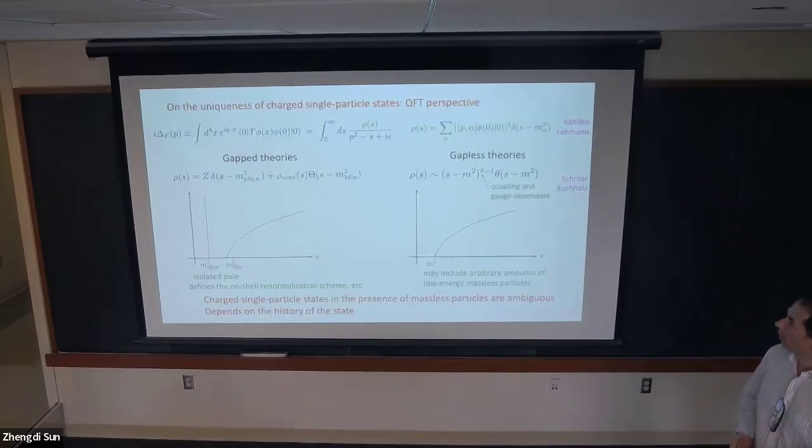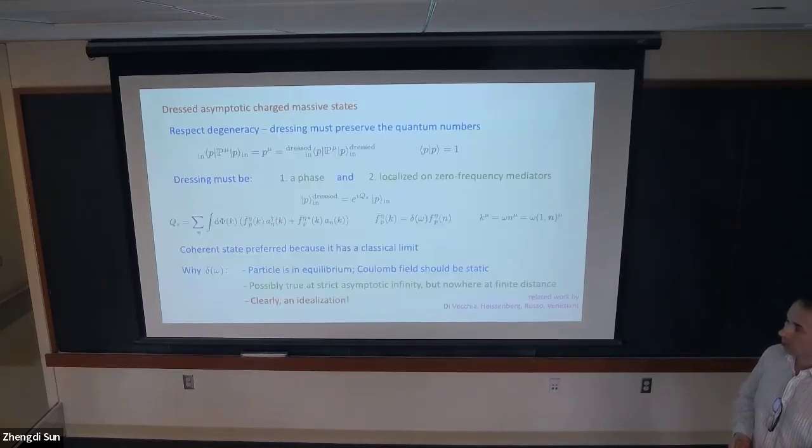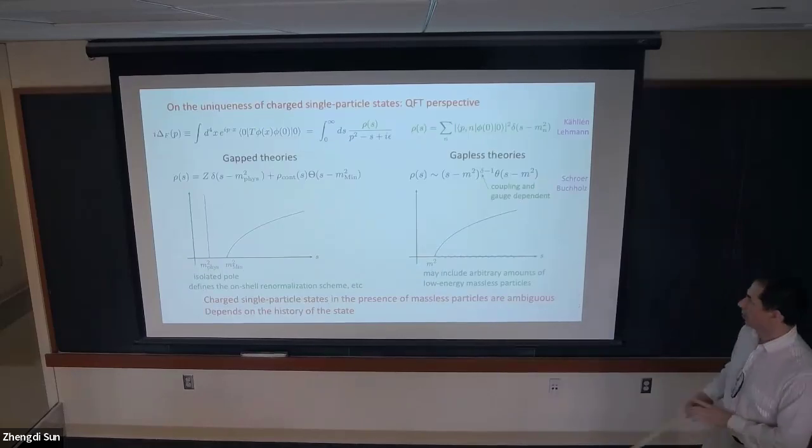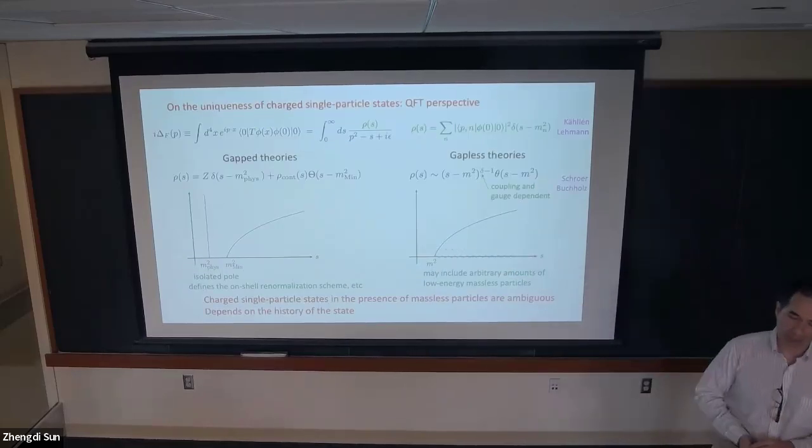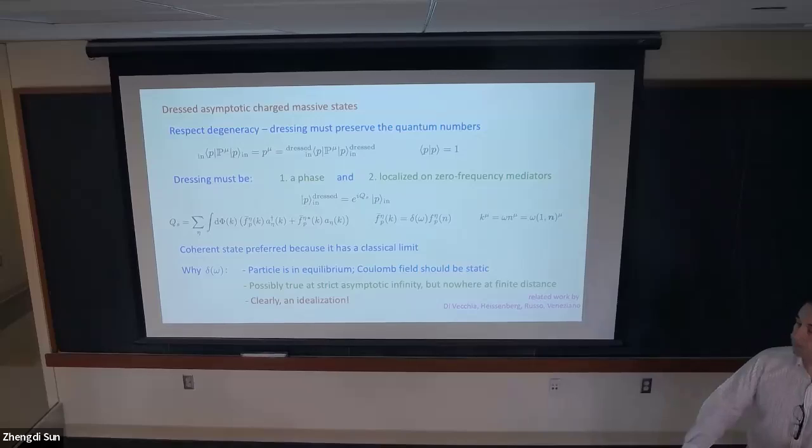Right. So anyway, getting back to how to include these. The idea would be to start with these Fock single particle states and dress them in this sense with some cloud of massless stuff.